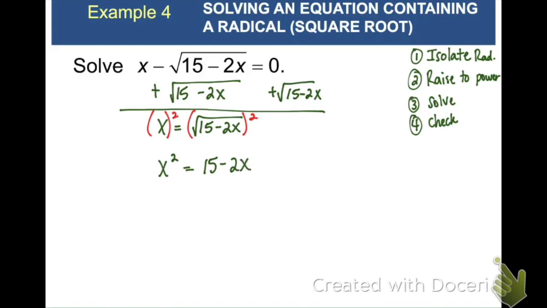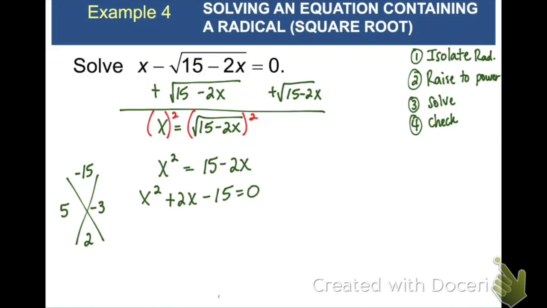Now notice that the equation that we have left is a quadratic because there's an x squared term. So we're actually going to need to factor this. In order to factor, move the 2x and the 15 over to the same side as the x squared and set up your x, where we have a times c in the top, so negative 15, and b in the bottom, which is 2.